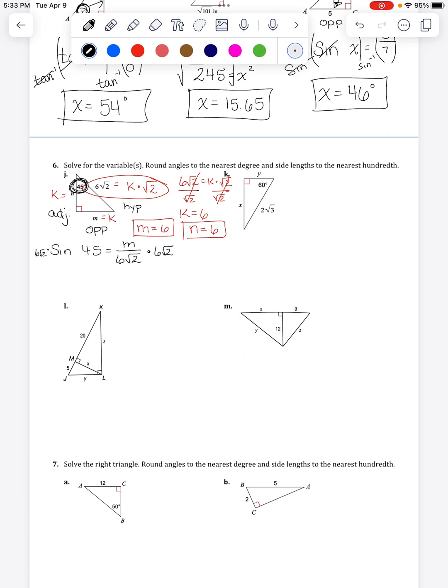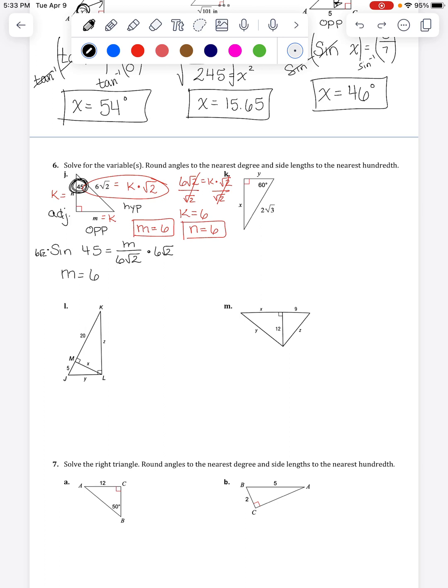I would have multiplied by 6 square roots of 2 on both sides, and I would have ended up with m still being equal to 6.